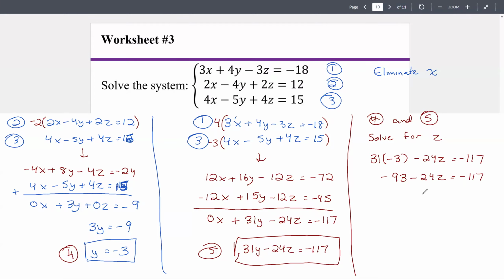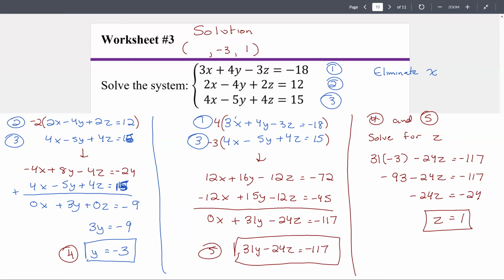If I add 93 to both sides, that's negative 24z is equal to negative 24. And we get that z is going to be 1. So we have our solution partially set up. We don't know what x is, but we know that y is negative 3, and we know that z is 1.